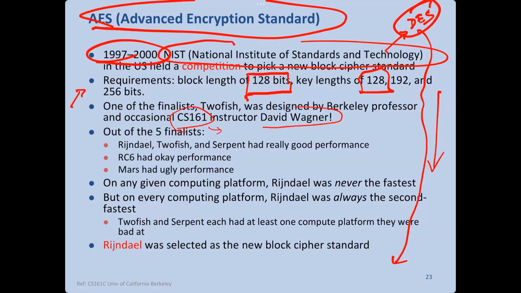Berkeley professor David Wagner was also one of them, and there were many other people from IBM and many places. Since I have taken this slide from Berkeley, it's the same group of people who are doing this course, so it's more partial towards what Berkeley did.